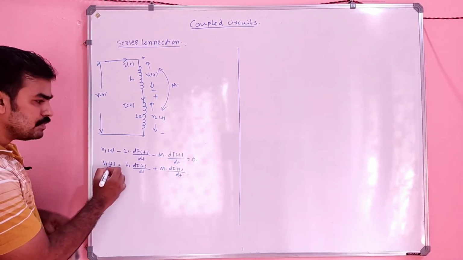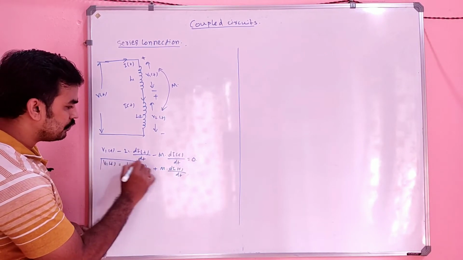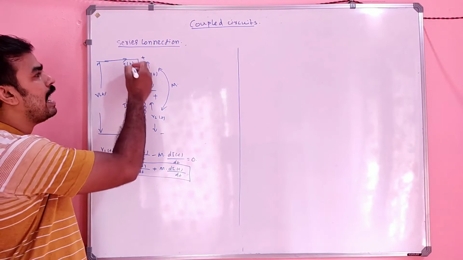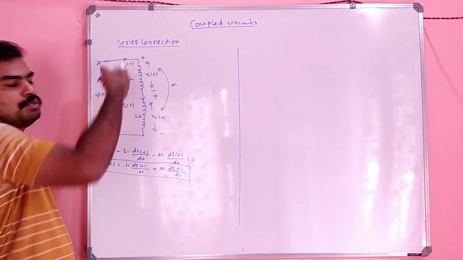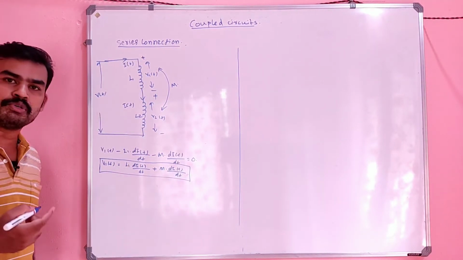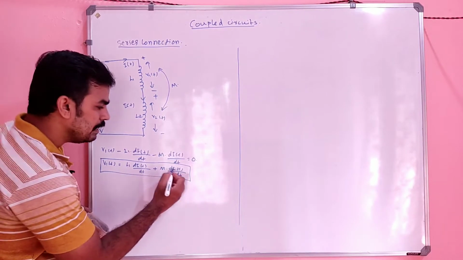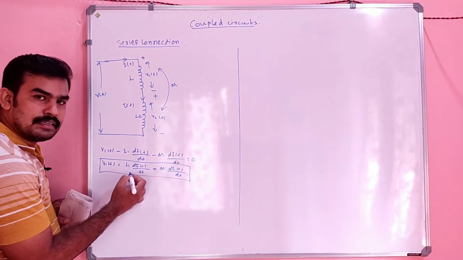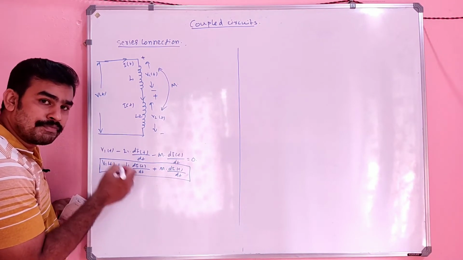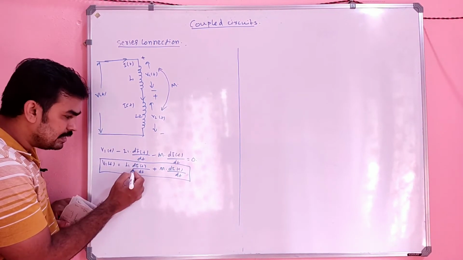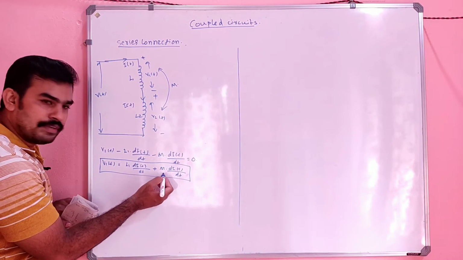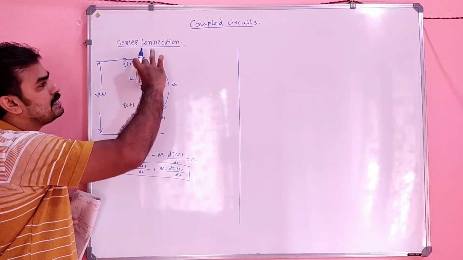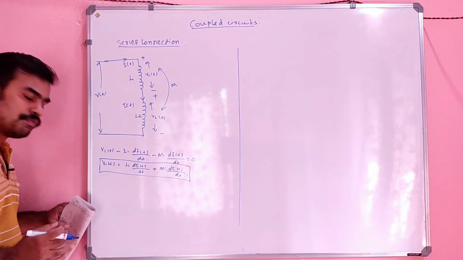V1 comprises L1 into di of t by dt, the EMF due to its own inductance, plus the EMF induced due to mutual inductance, that is M into di of t divided by dt. So that is the total voltage across V1 of t.